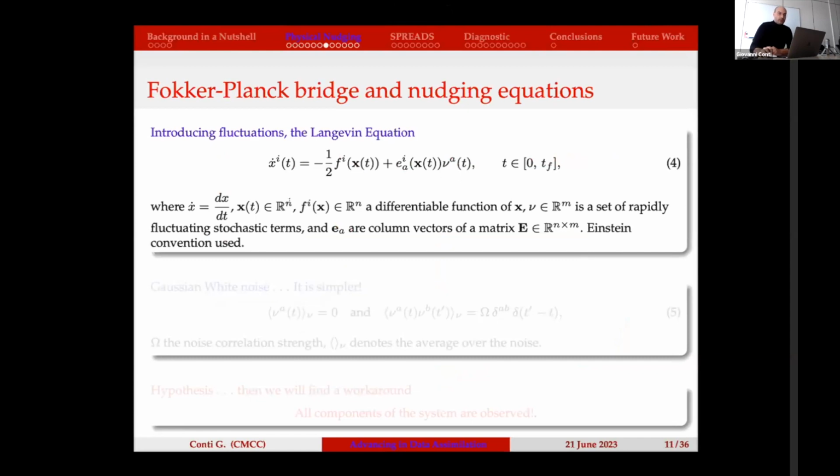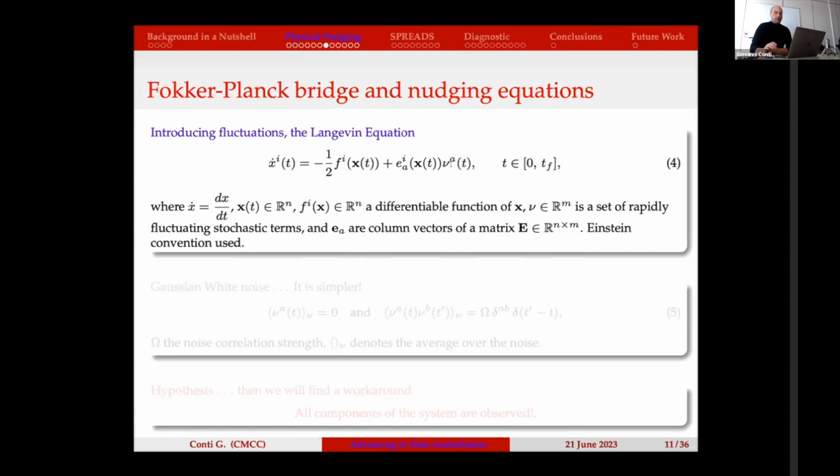Let's consider a dynamical system by component. So x_i is the component of our system, and f_i is the nonlinear dynamic that governs the evolution of this component, which depends actually on the whole system x, and we add some noise.